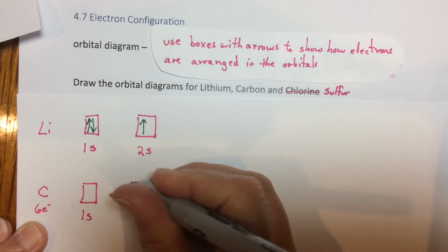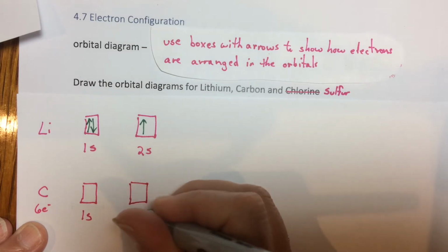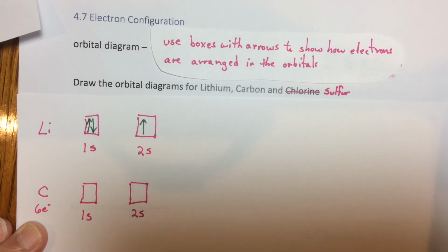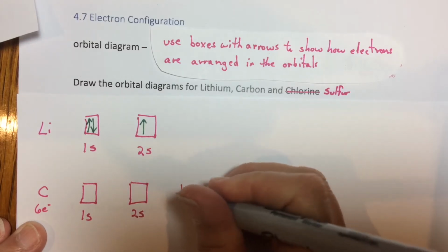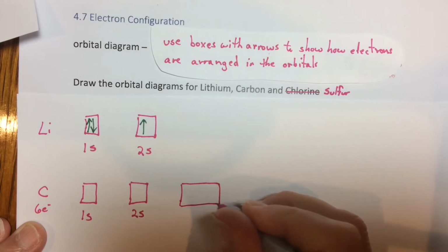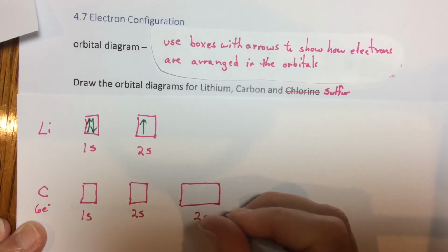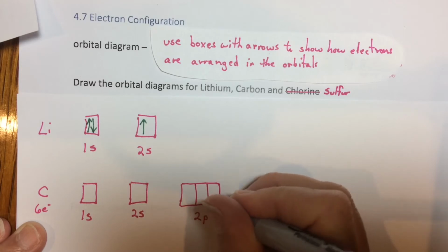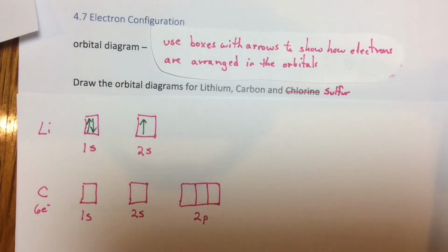The next energy level is that 2s. And if you'll remember, we also said that there's a 2p. In fact, we said there were 3 2p orbitals. And the 3 p orbitals all have the same energy, so we draw them connected. So there are our orbitals.